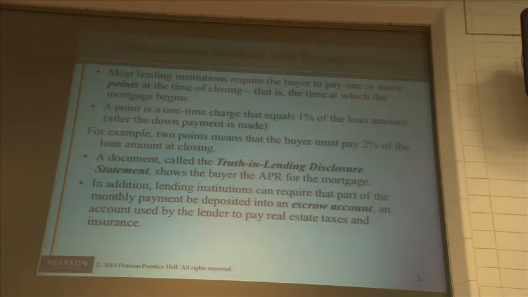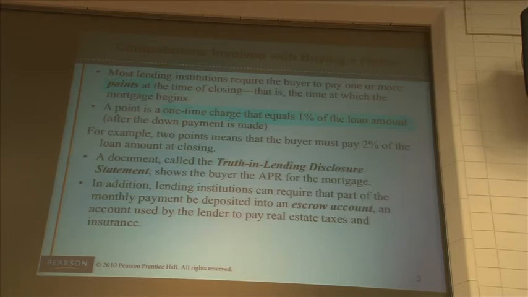Okay, computations. Things you have to know terminology-wise for our formulas and word problems. Points are a one-time charge that equals 1% of the loan amount after the down payment is made.